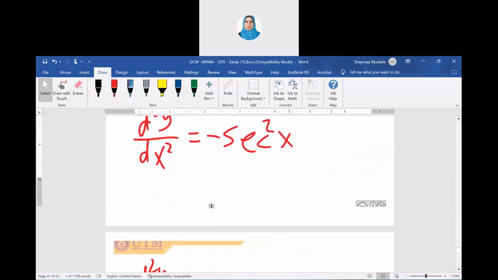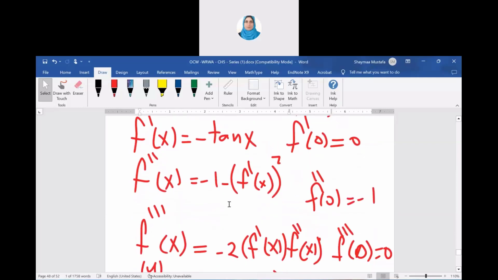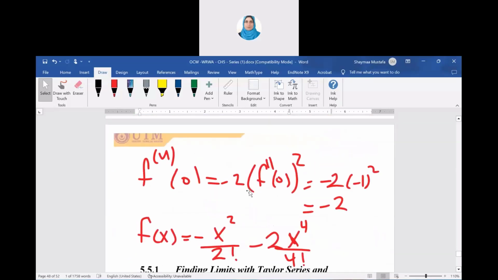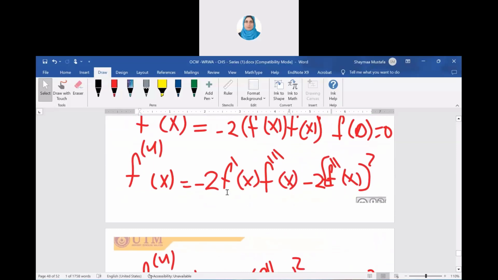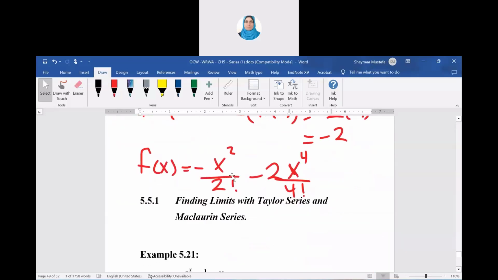So you need to follow the instruction. That's why I didn't find the derivative of minus 1 minus tan squared directly. So here, just to follow the instruction. But if you want to check your answer, you can do the other steps just to check that you have the same answer. Finally, the final answer should be the same for both.